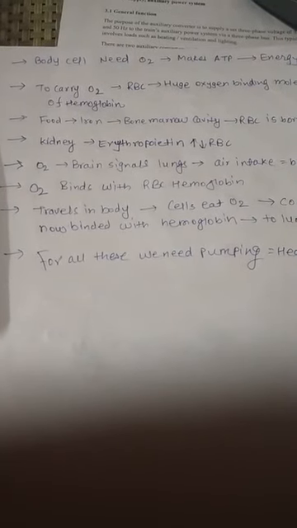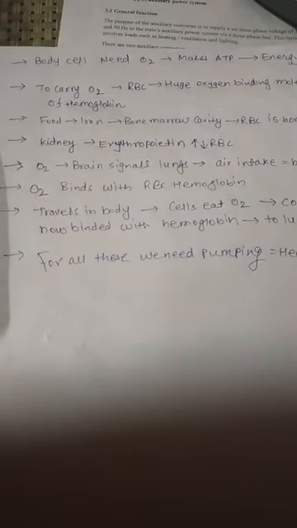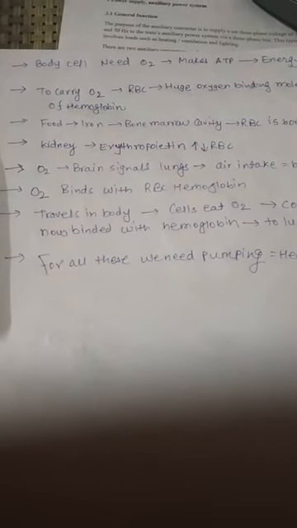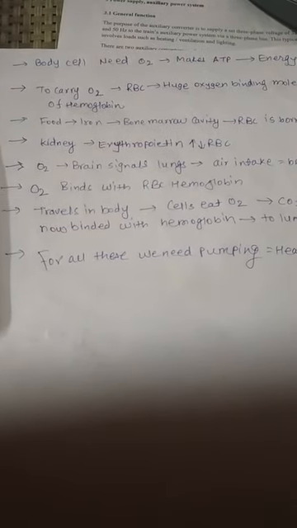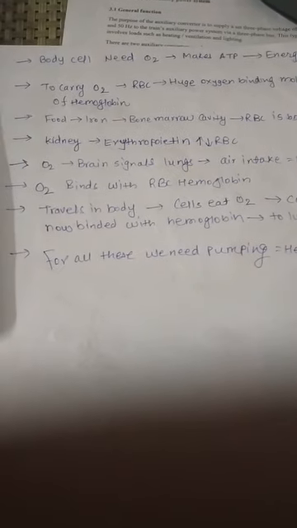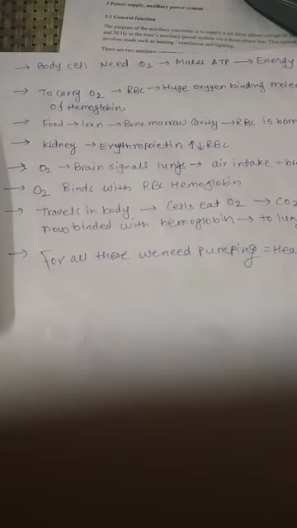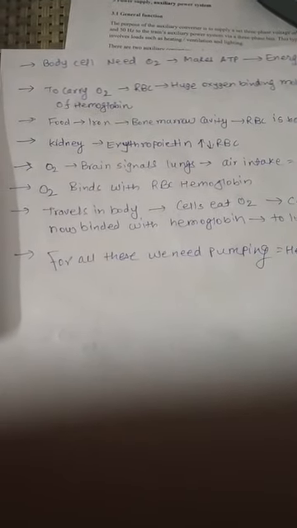Now, to fulfill this requirement of oxygen, we have a good bus known as the RBC, red blood cell. It has huge oxygen-binding molecules of hemoglobin. How does it happen? We eat food.